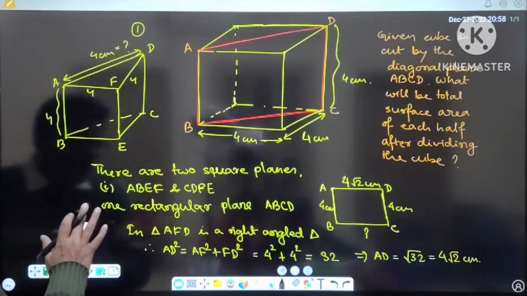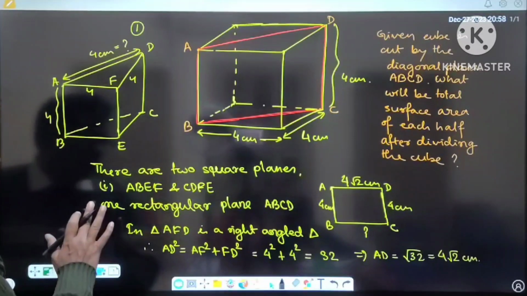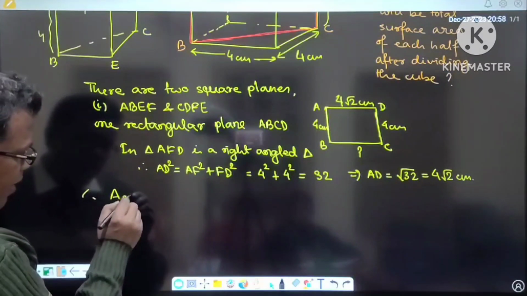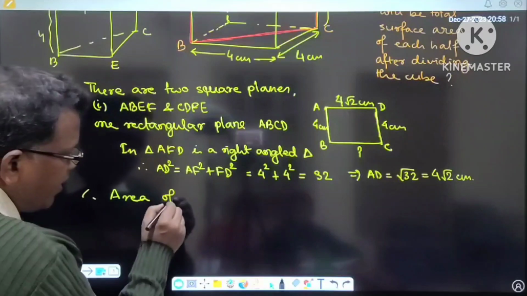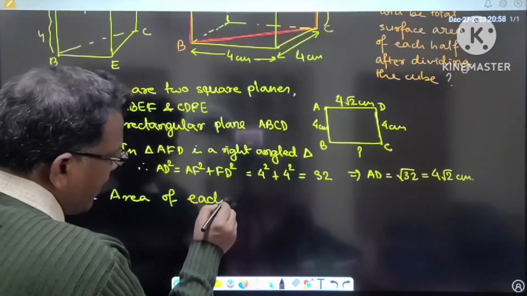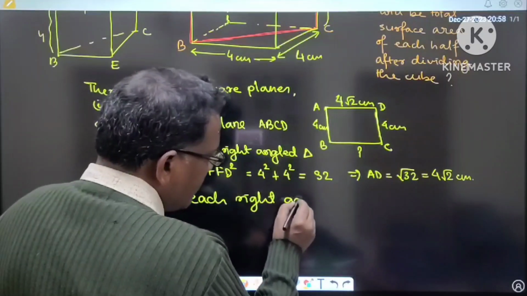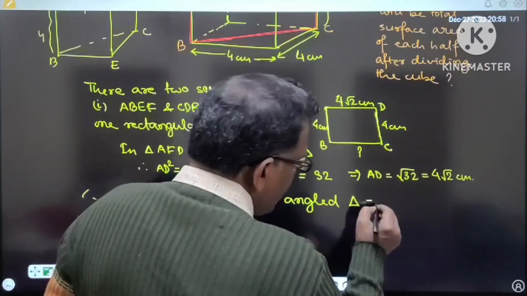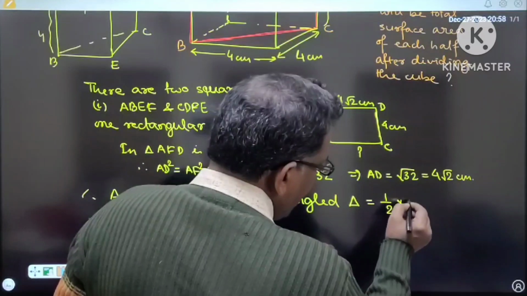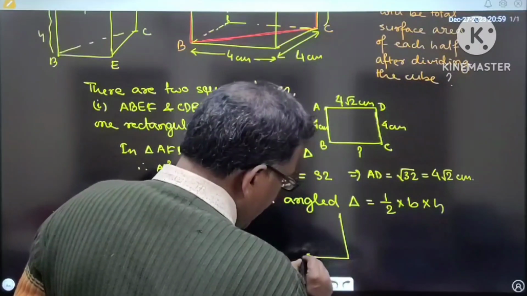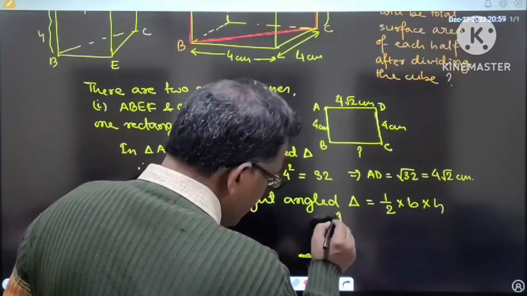So that means, therefore, area of each right angled triangle will be half base into height.